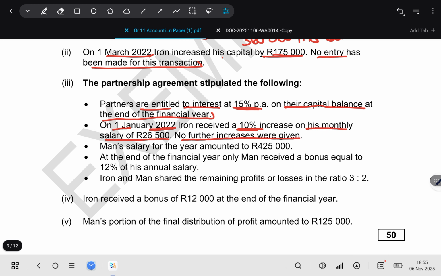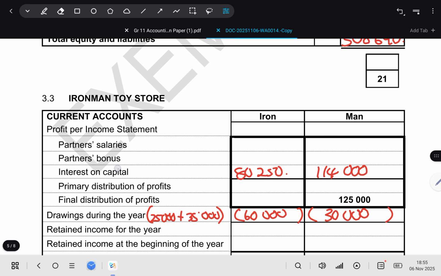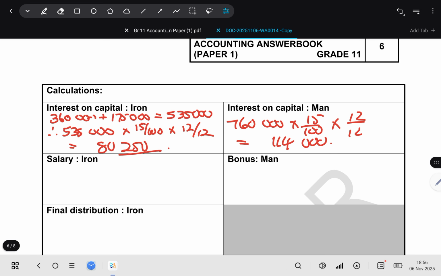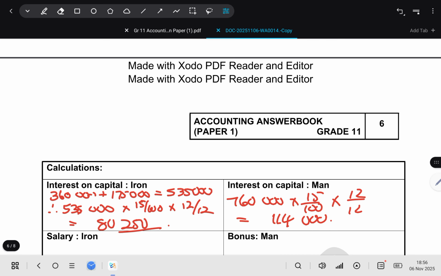Remember, for us to get Ion's salary, our year starts on the 1st of March 2022 to 28 February 2023. So here the increase happens before we started the year. So obviously it means for the entire year he will enjoy that increase.